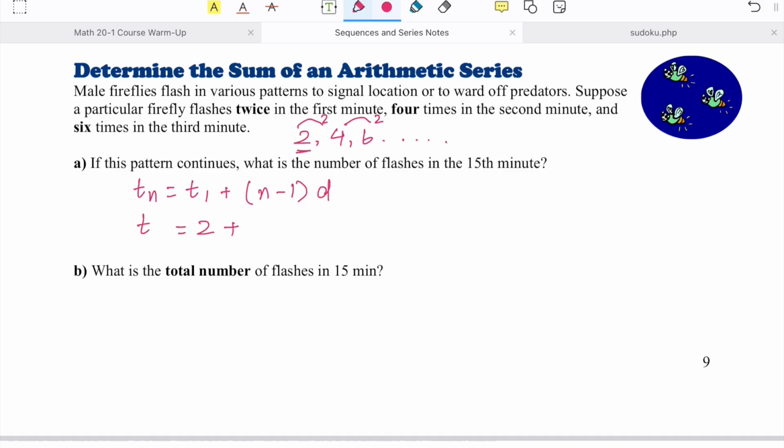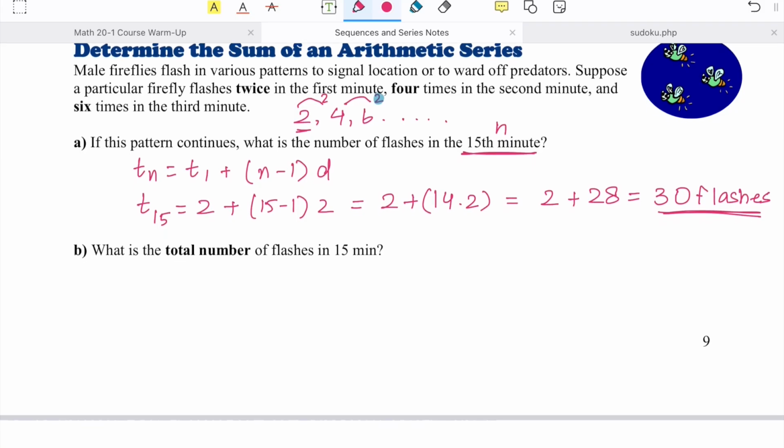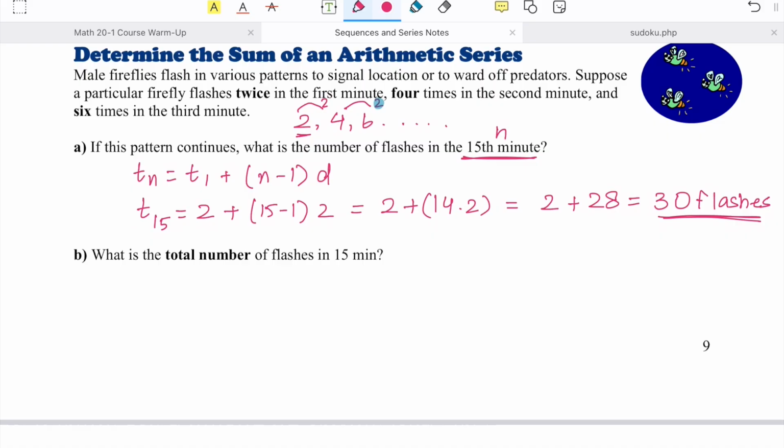The n is 15 because that's what we're finding, right? 15 minus 1 times the difference, which is 2. So that means we have 2 plus 14 times 2, which is 2 plus 28, and that's 30. So in the 15th minute, there will be 30 flashes. Good? Okay.